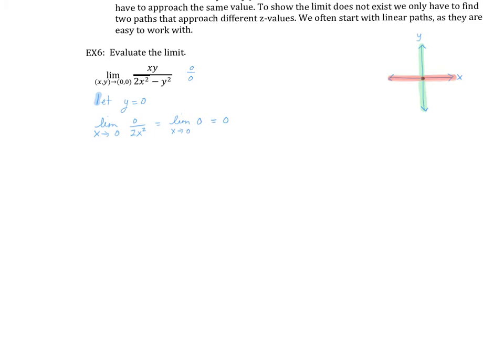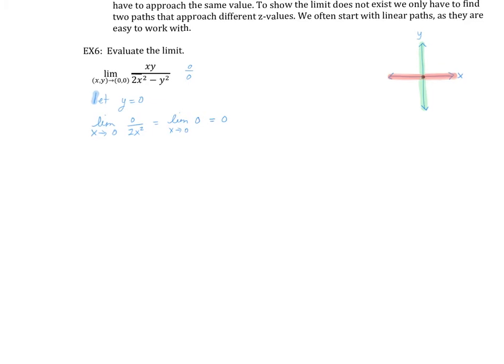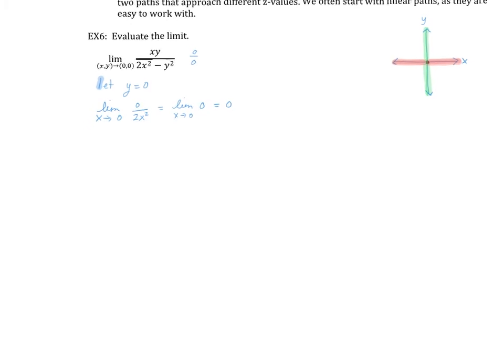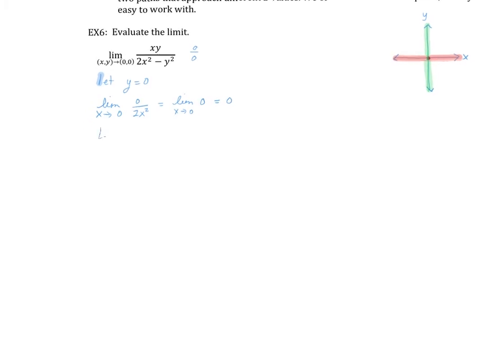Now I need to find another path, and hopefully the limits will be different. So this time I'm going to look at this vertical path. That vertical path happens when x is equal to 0. So now I'm going to let x equal 0, and I'm going to reevaluate our limit.